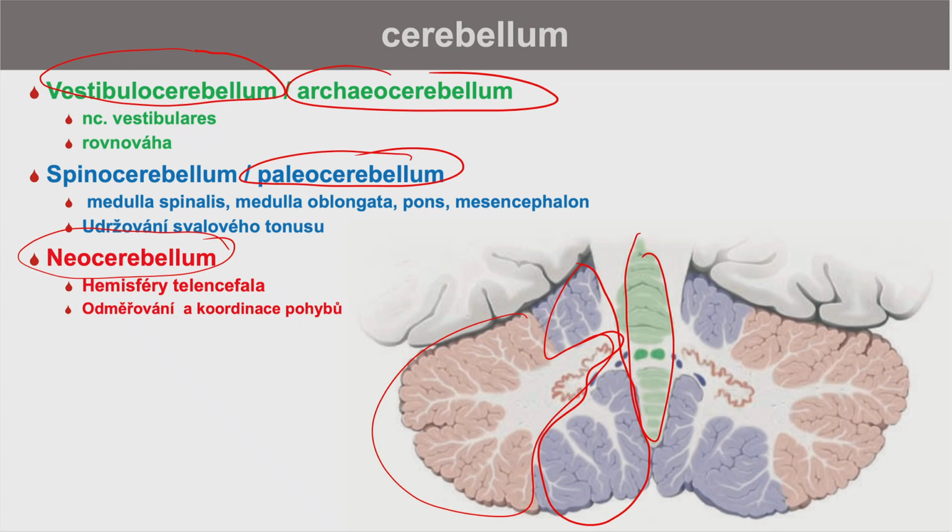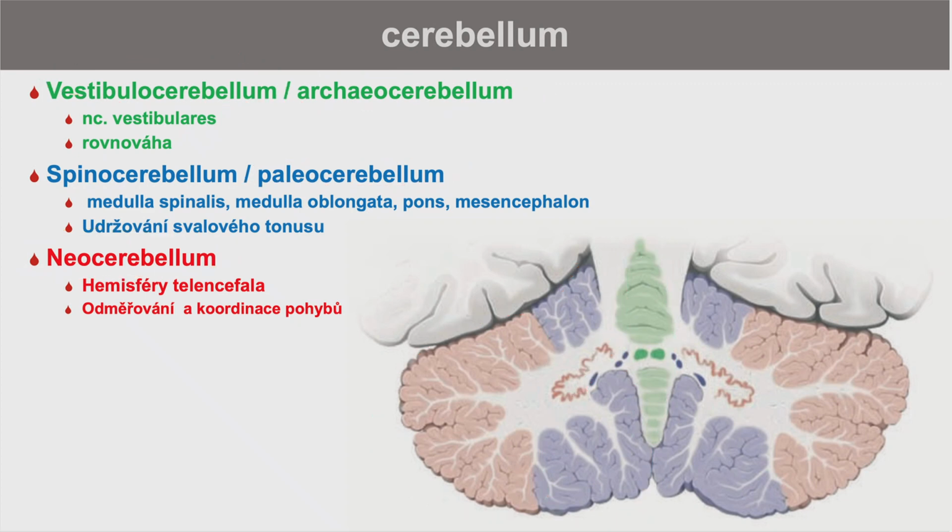Again, communicating with the spinocerebellum and archaeocerebellum, because it is taking information from changes of balance. If you walk, every step is under guidance and under control, under follow-up of the cerebellum.